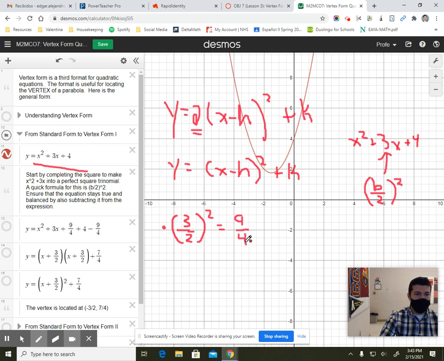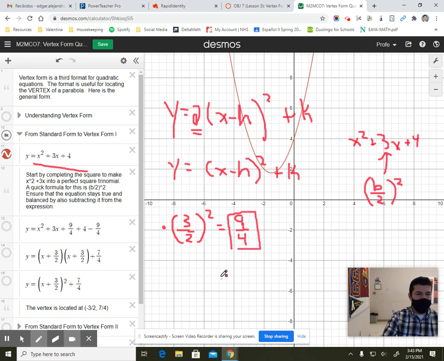Now, I won't go too into depth with this because I want it to be a straightforward video. But in order to complete the square, you are going to take your b value, cut it in half, and square it. So 3 divided by 2, quantity squared, is 3 halves times 3 halves, or 9/4. So what's that 9/4 good for?